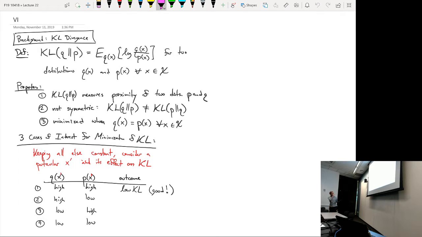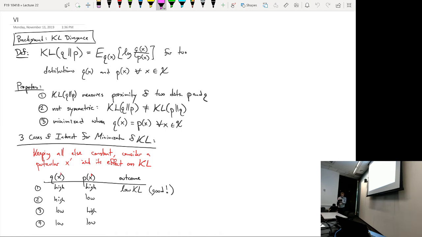Okay, so for that particular x prime, if Q of x prime is high and P of x prime is low, then is this going to relatively push up the KL divergence or push down the KL divergence, or the same? High.